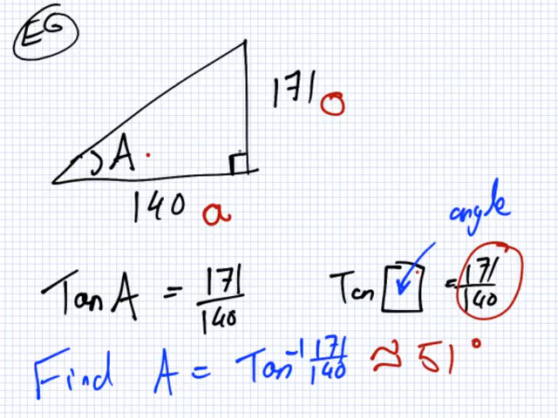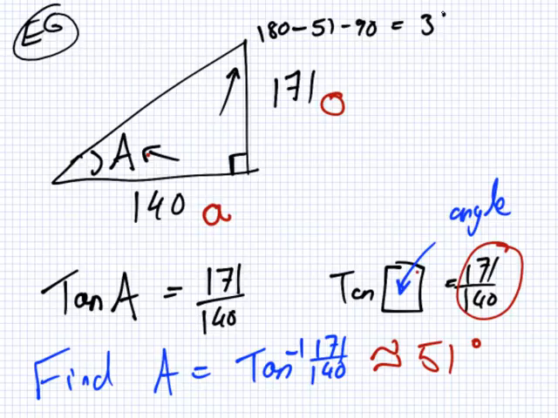If you know this angle, what's the quickest way to get this angle? 180 minus these two. Yeah. So this angle up here will be 180 minus 51 minus 90, which is 39, for example. Okay, write this one down. I have one more example to show you.